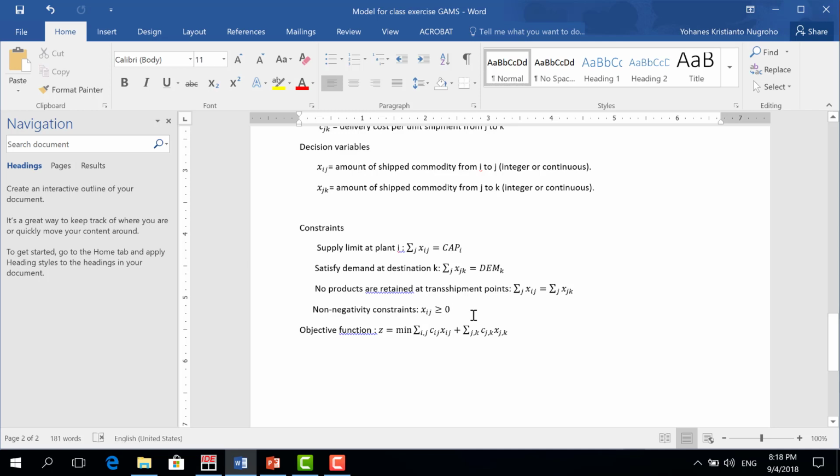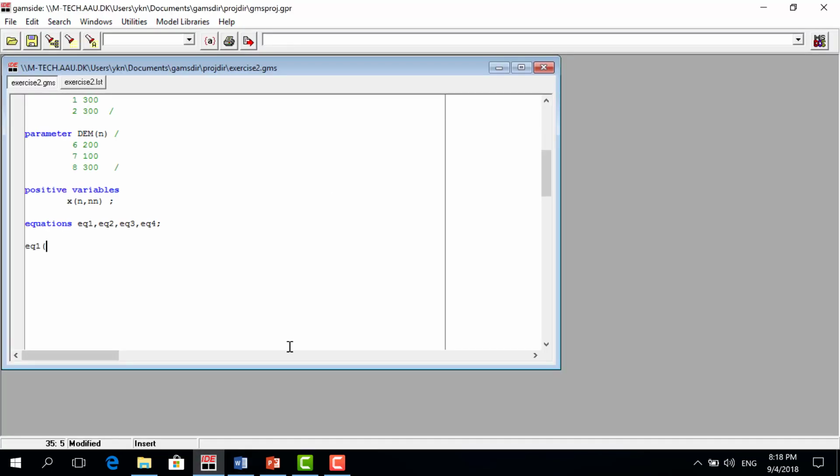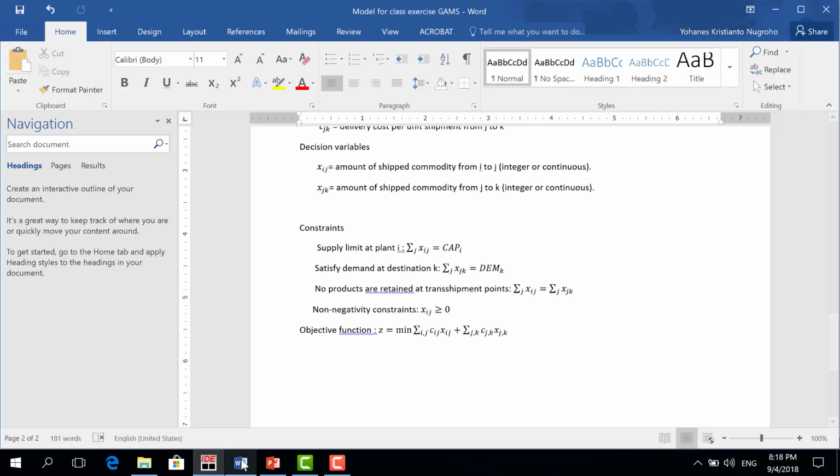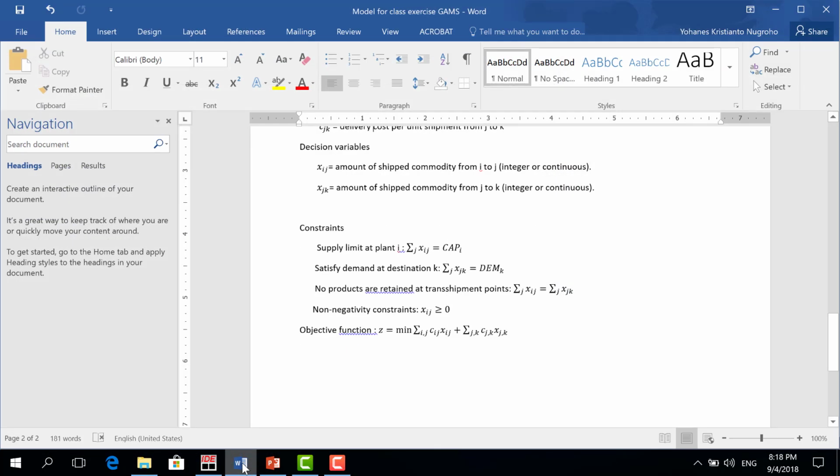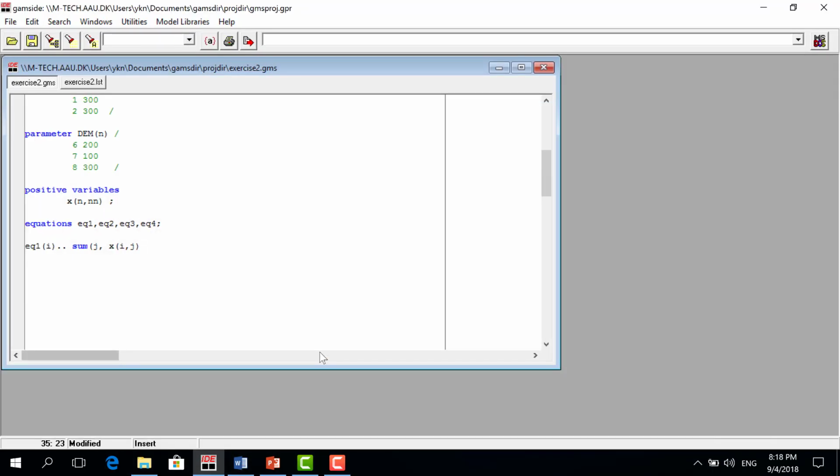Because the summation is over j, we put I double dot, then the summation of j, x I comma j, equal to the capacity of I, and then a semicolon.